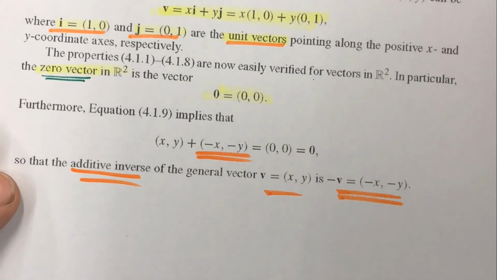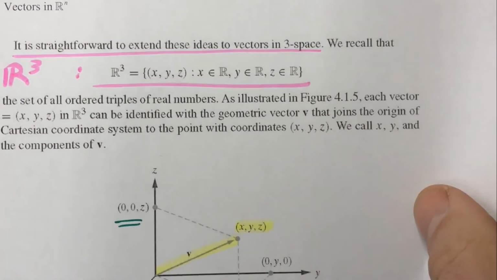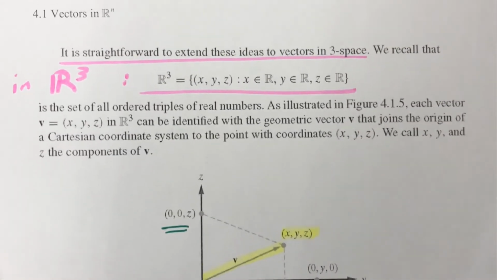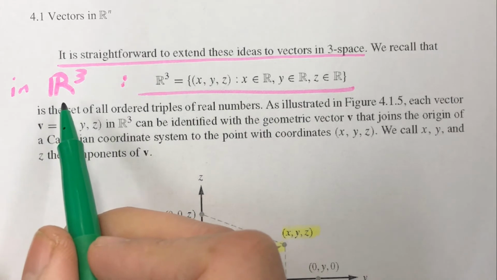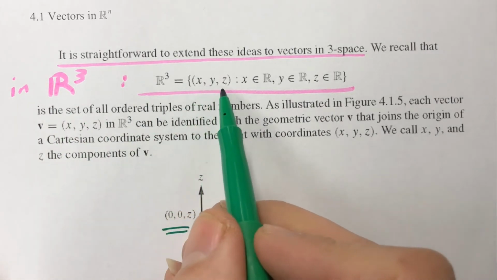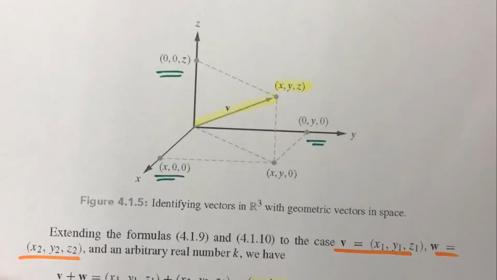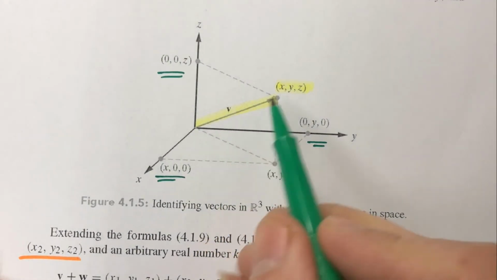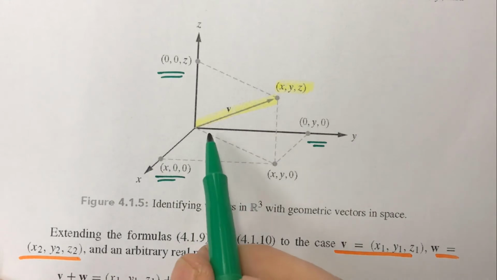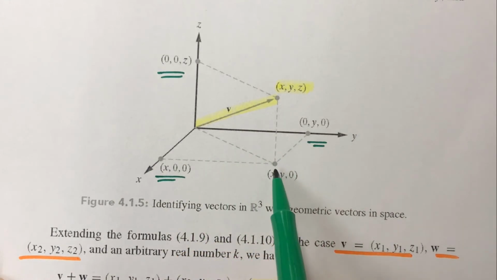Let's go to page 5. If you move on to R to the third, you're going to have the components x, y, z. That's pretty much it. And that's a vector v that has an x component and a y component. So they meet right there in the xy plane.